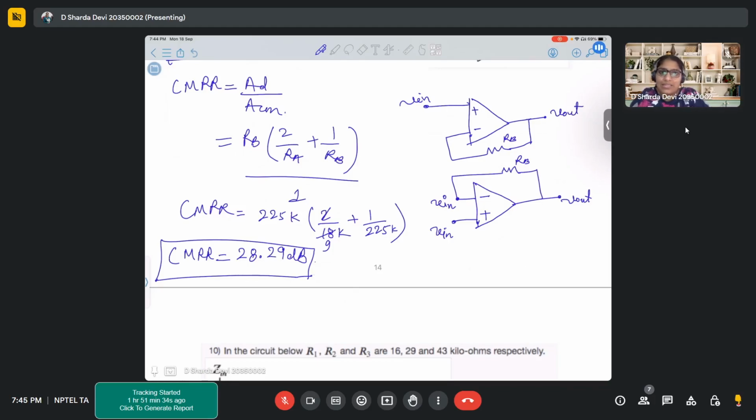The circuit will act as a buffer circuit. So that is V out equal to Vn, because there is no current that can flow through this resistor, right? So we can consider any one of them. In any case, it will act as a buffer. Okay. V out is equal to Vn.